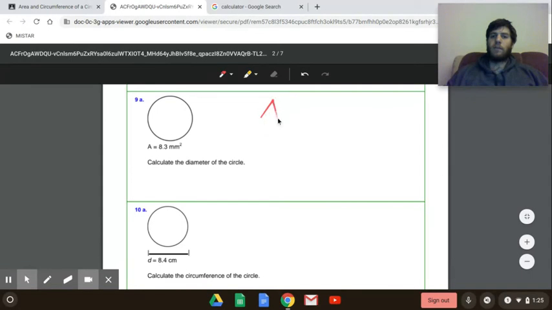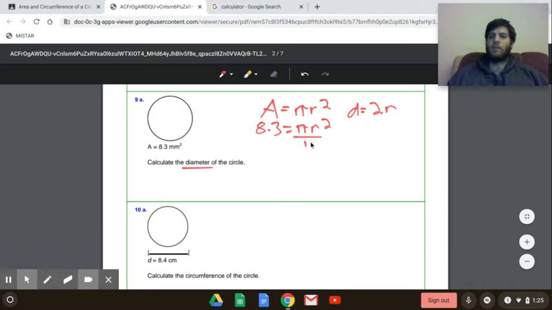Okay. This one's a little different. So we know area equals pi r squared. So your area is 8.3. Right, we want the diameter. We know the diameter is twice the radius. So if we can find the radius, we'll be able to substitute it in and find the diameter.